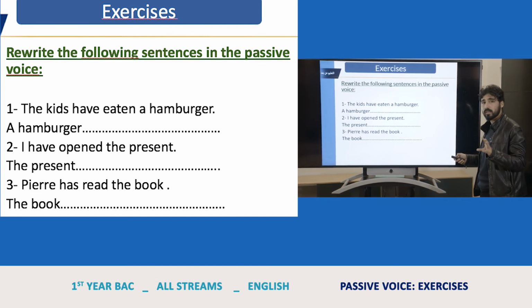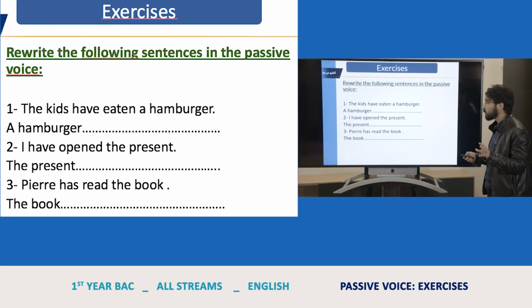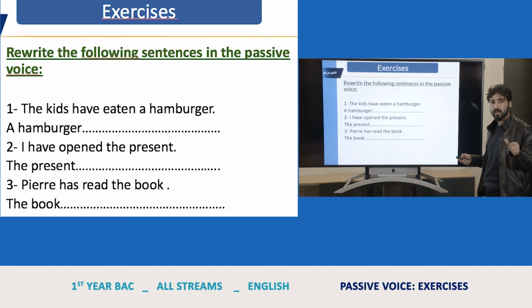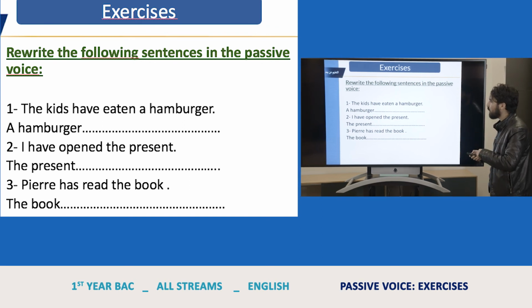We know that this tense is the present perfect simple. Why? Because we start with have or has as auxiliaries plus the verb in the past participle. For example, number 1, eaten. Eaten is the past participle of the verb eat.